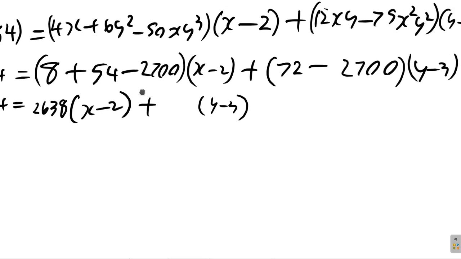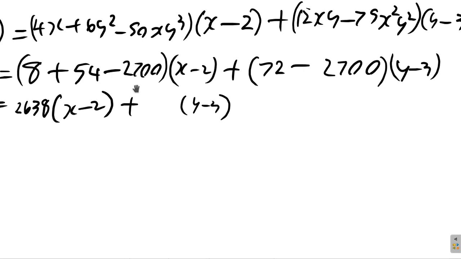What's the number before it? 72 minus 2700 gives negative 2628.